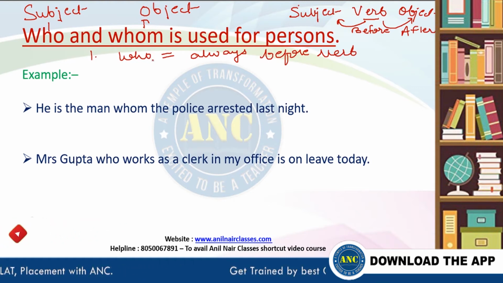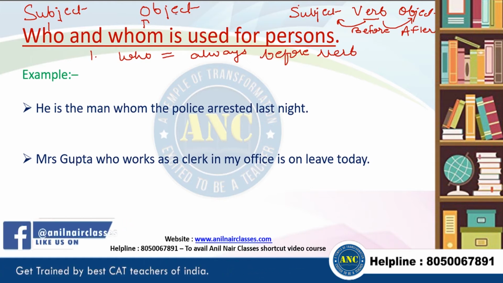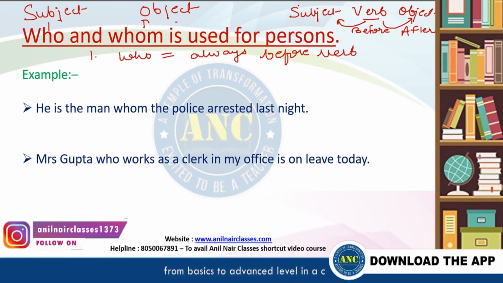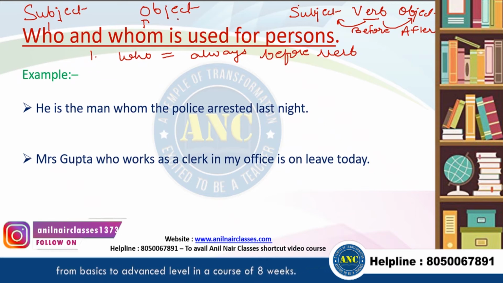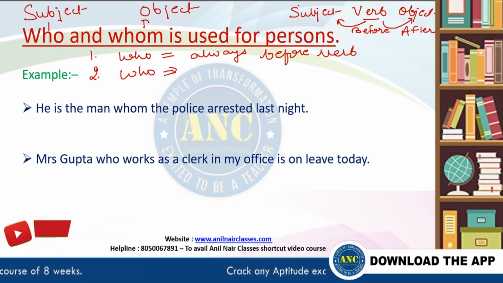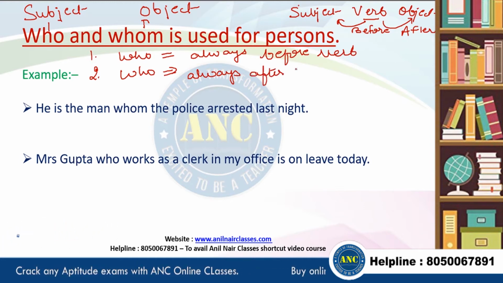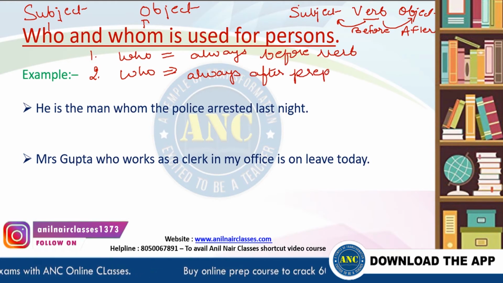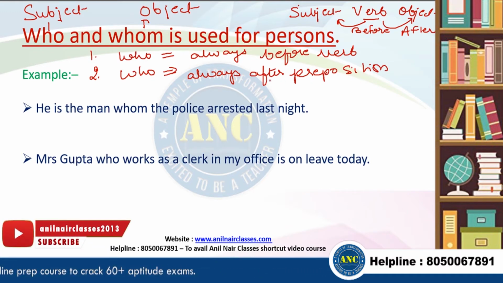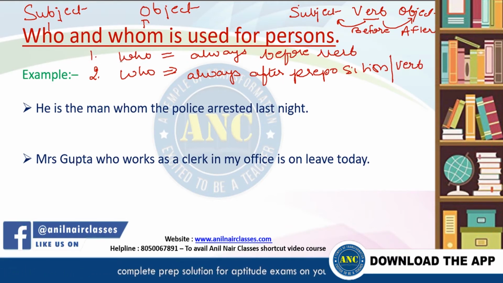So if who is there, who will always be before the verb, and it is always used as the subject pronoun. Whom is always used as the object pronoun. It could be the object of a preposition. Second one, whom will always be after a preposition, or after a verb, because it will always be functioning as the object.